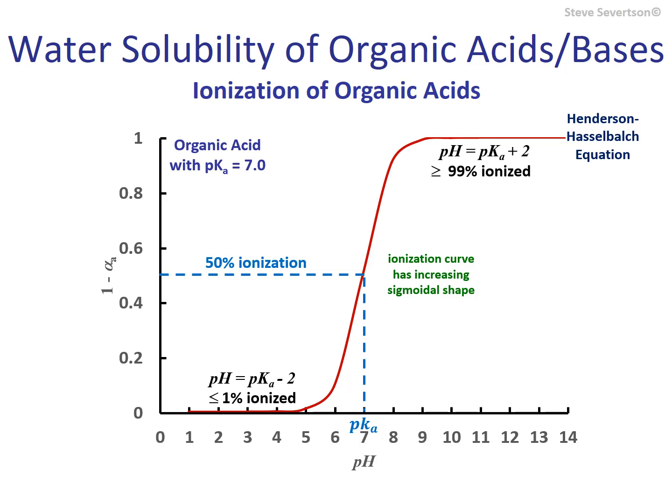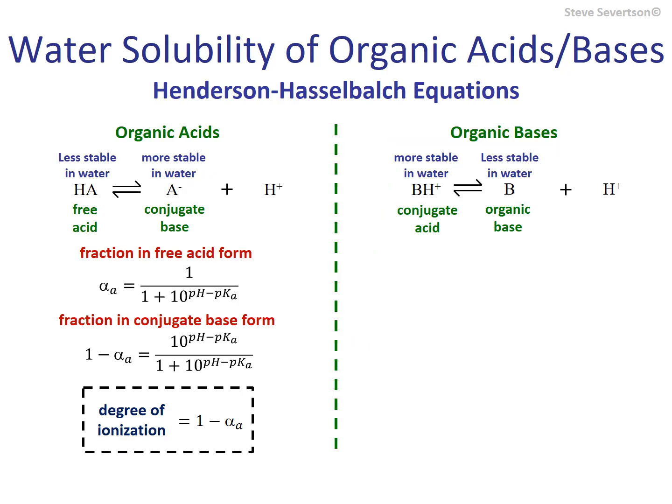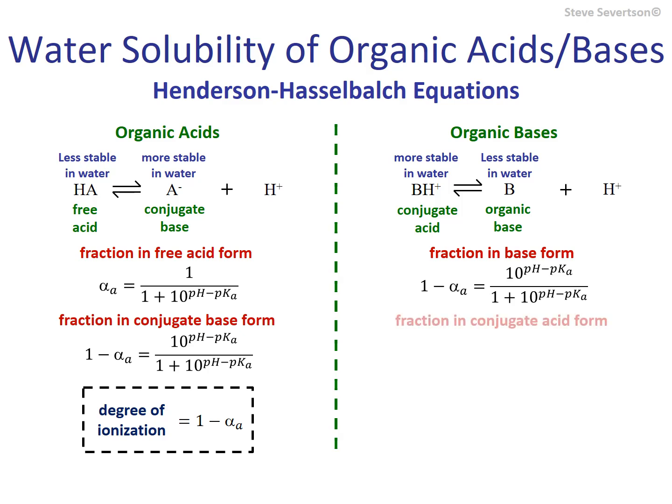These results allow for a rapid and accurate sketch of the degree of ionization with only the pKa value for the organic acid. For organic bases, 1 minus alpha A is a fraction of chemical in its neutral base form. When the base picks up a proton, forming the conjugate acid, it takes on a positive charge.